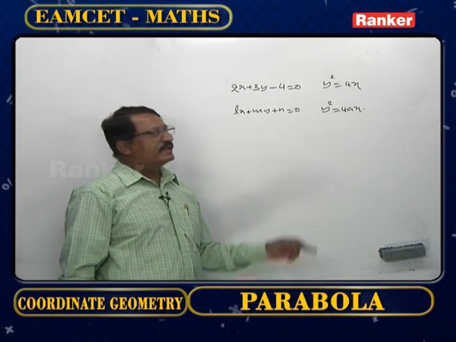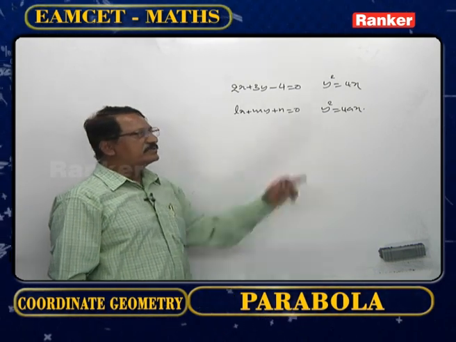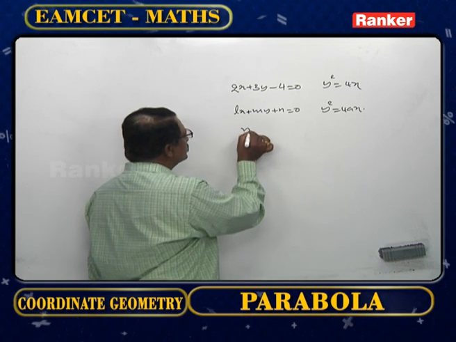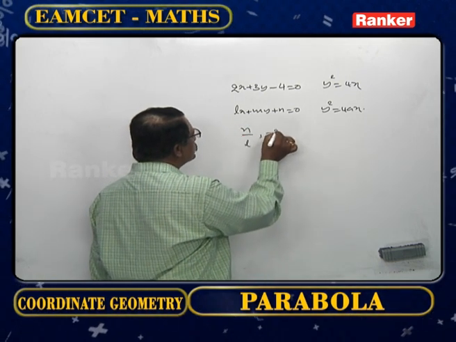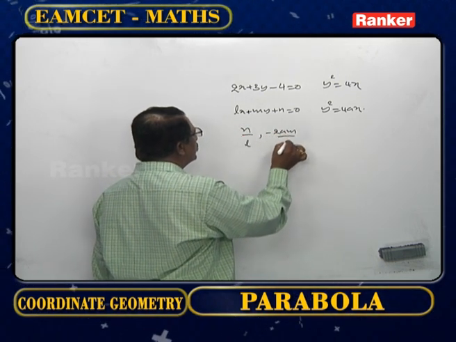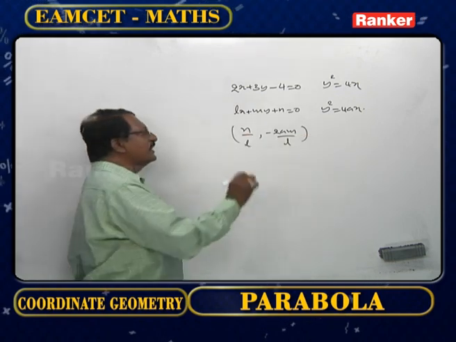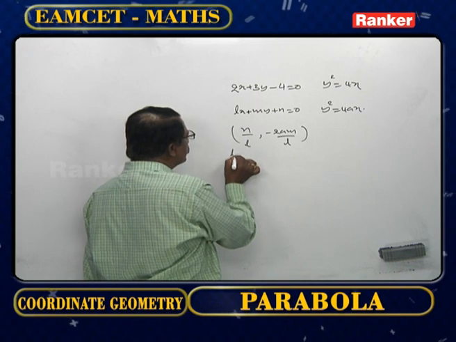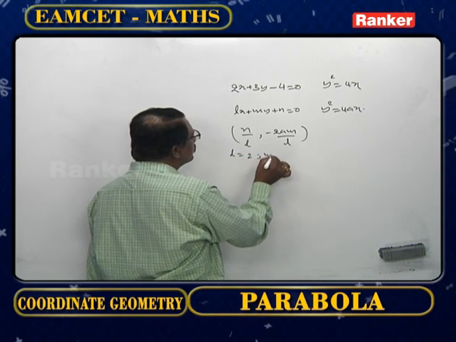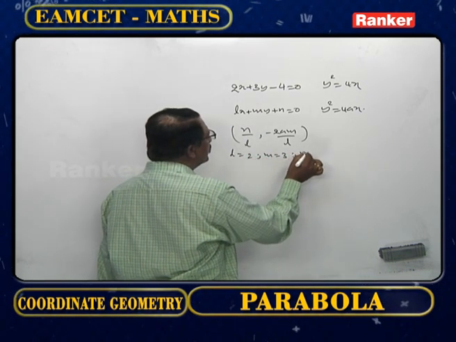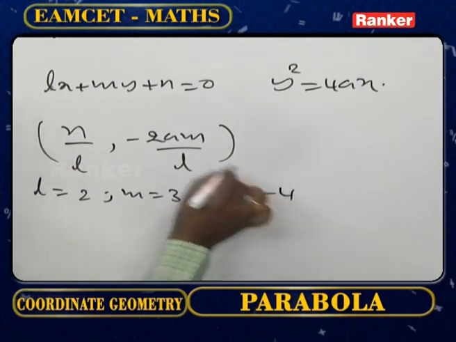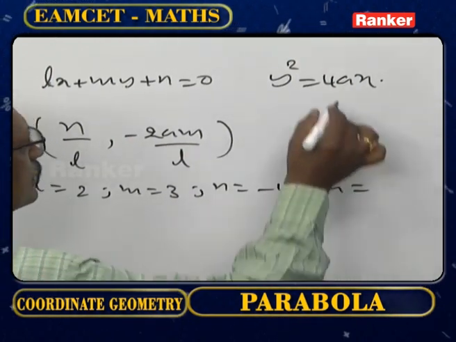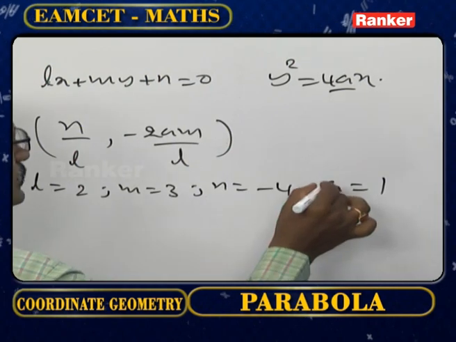Now the pole of the line Lx plus My plus n equals 0 with respect to the parabola is (n by L, minus 2a m by L). Now in the given equation L equals 2, m equals 3, n equals minus 4, and 4a equals 4, so a equals 1.